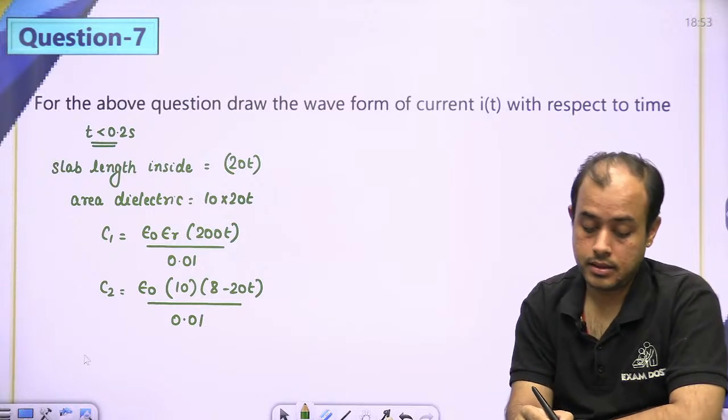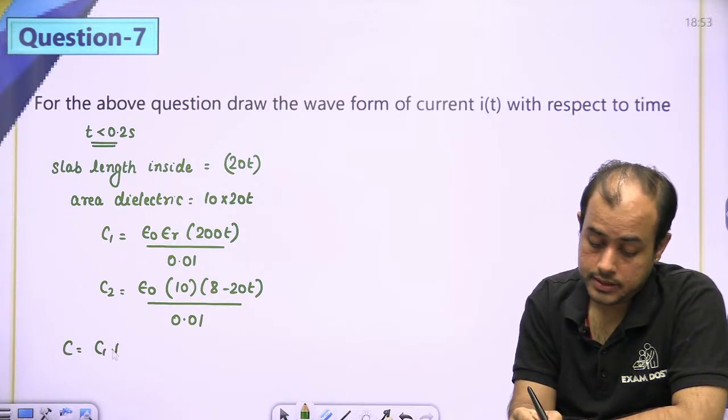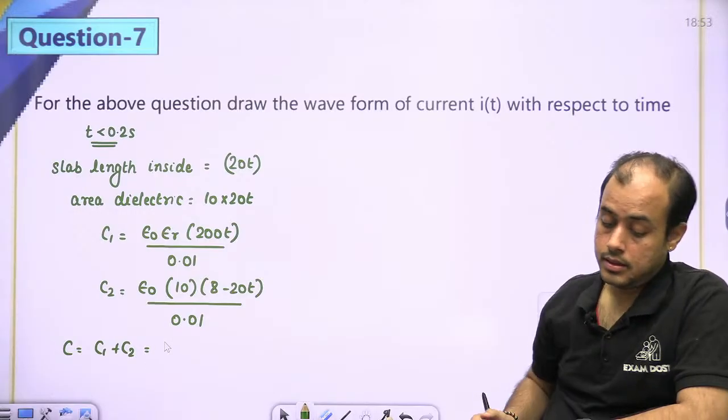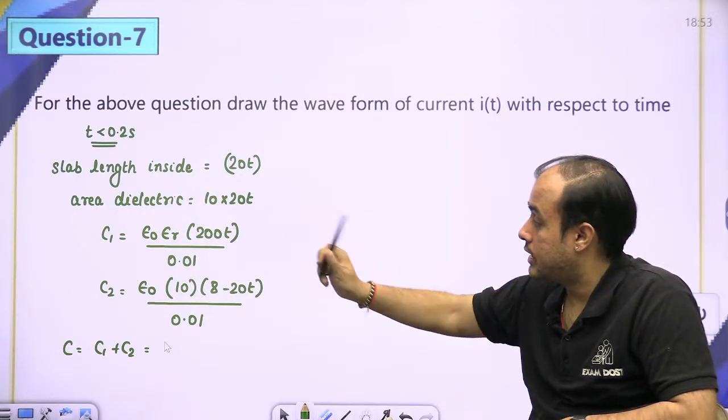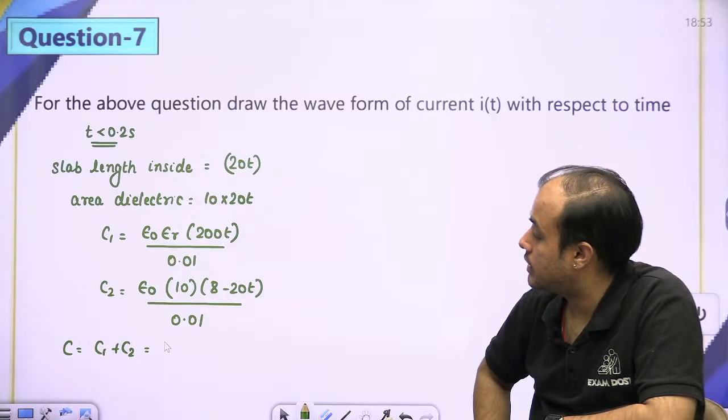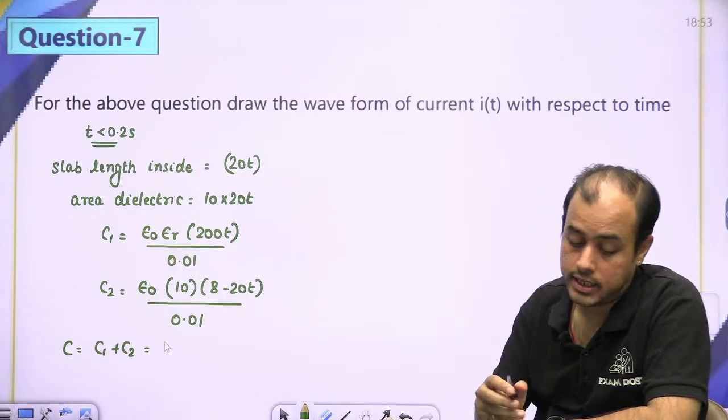ठीक है. So C is C1 plus C2. So now it will be 400 by 0.01. 400 by 0.01. 4 into 10 की power 4.